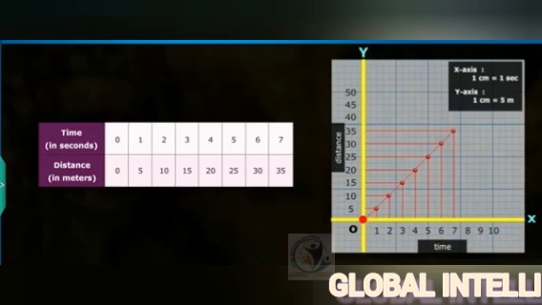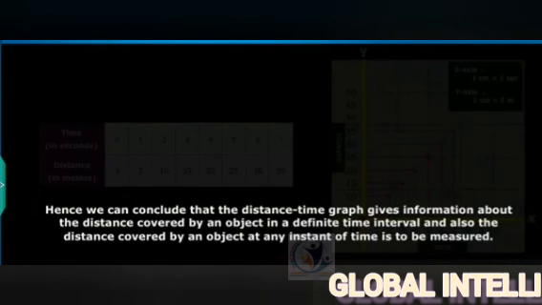So, we can say that the distance time graph indicates the type of motion, whether it is uniform motion or non-uniform motion. Hence, we can conclude that the distance time graph gives information about the distance covered by an object in definite time intervals, and also the distance covered by an object at any instant of time can be measured.